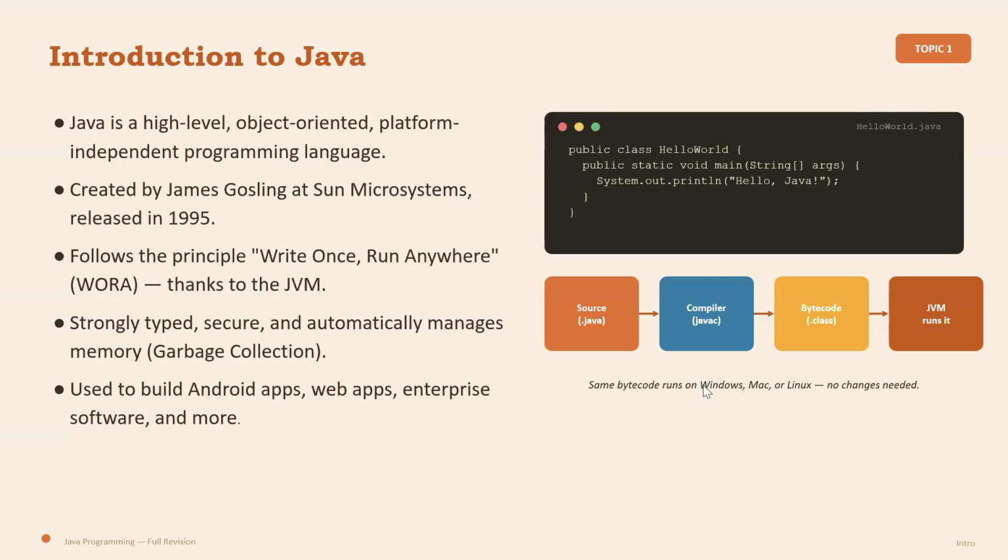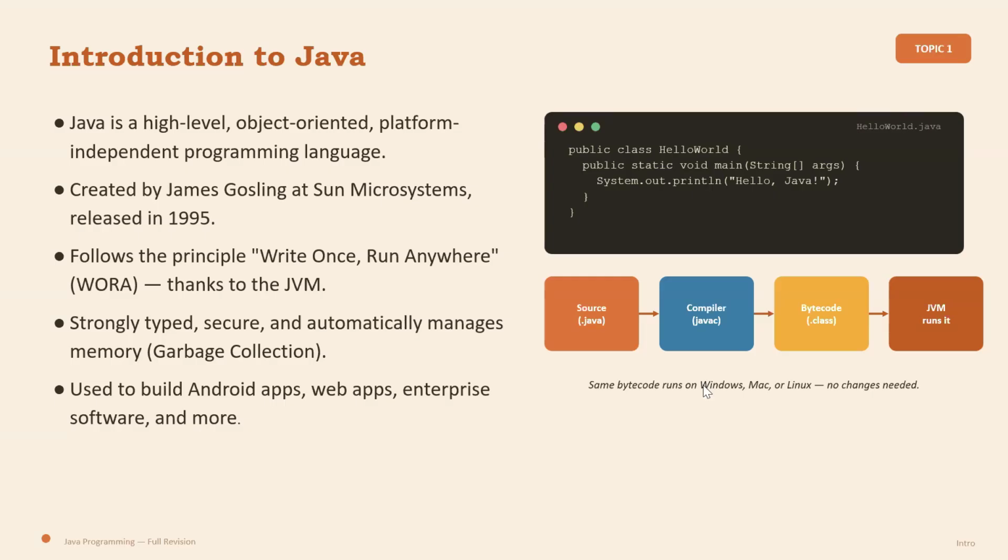Java is also a strongly typed language. This means that every variable must have a specific data type, such as int, double, or String, before it can be used. Another important feature of Java is automatic memory management.